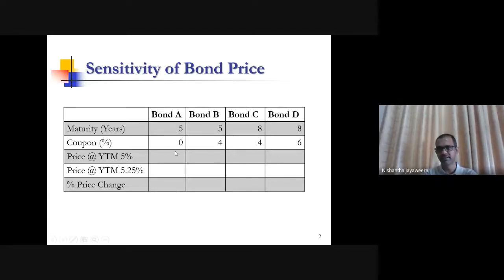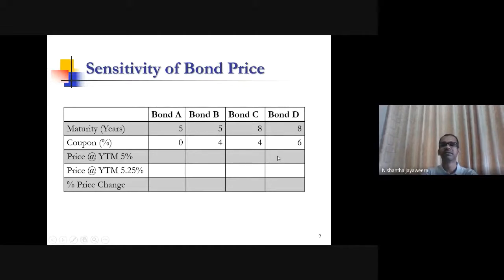And the other thing, when the time to maturity increases, other than this zero coupon bond, what should be the prices? Indeed, these two, what is the relationship that you should see? Same coupon, 5-year maturity and 8-year maturity. What is the relationship?